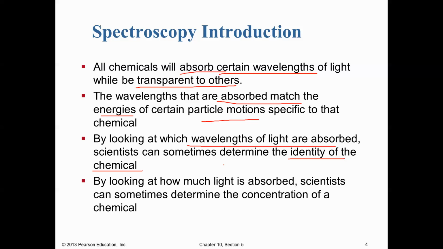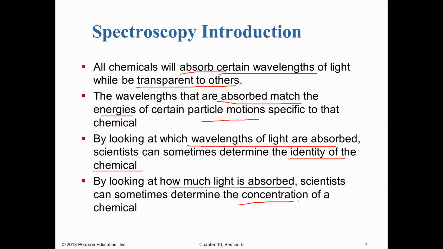So, incredibly useful technique. Not as simple as I make it sound right here, very complicated, very challenging, but if you're clever and you have the right gear and the right information, you can often identify a chemical with light, which is amazing.